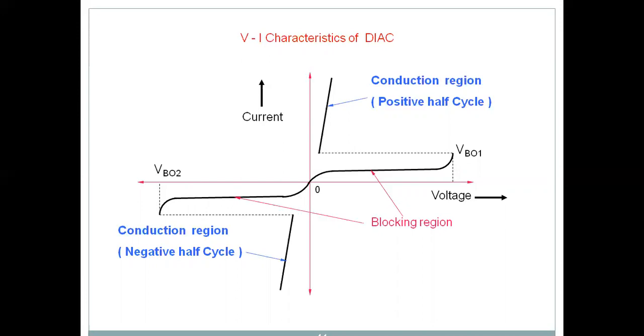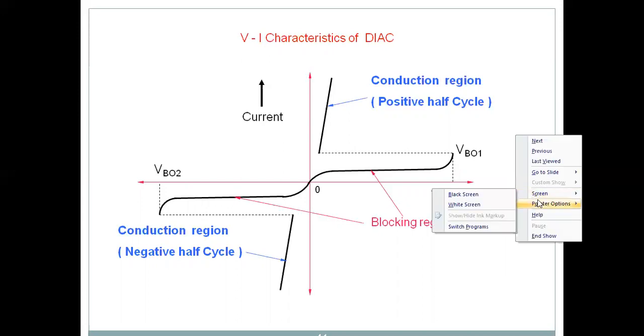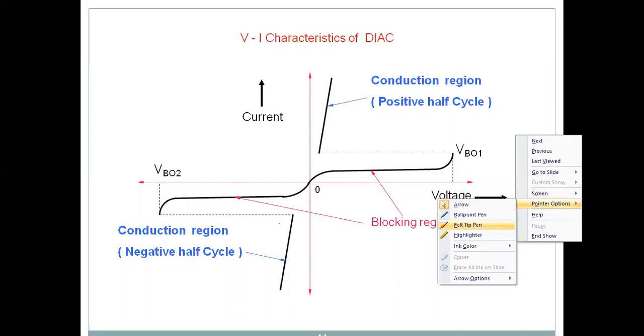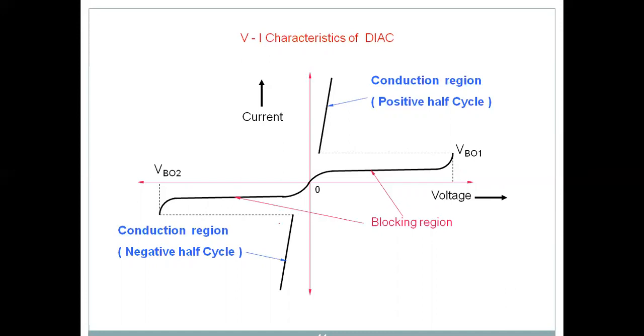During reverse bias, the terminal T2 is positive with respect to T1. When the voltage exceeds VBO2, it starts conducting.